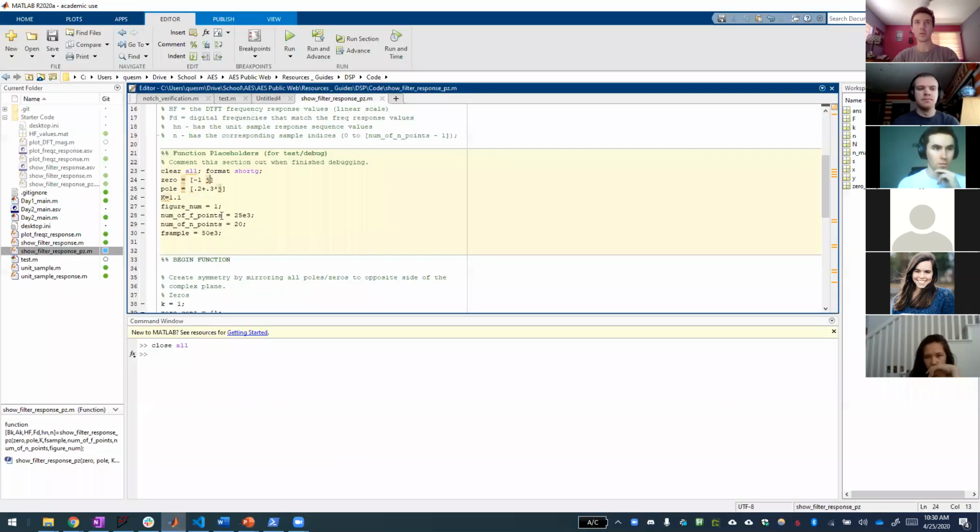So if we go into MATLAB, this is the function, show filter response is PZ. It's in the drive, so you can do this pretty easily. We'll put in a zero at -1, and we'll just clear this out. Put the pole at 0. The gain is something you mess around with after.